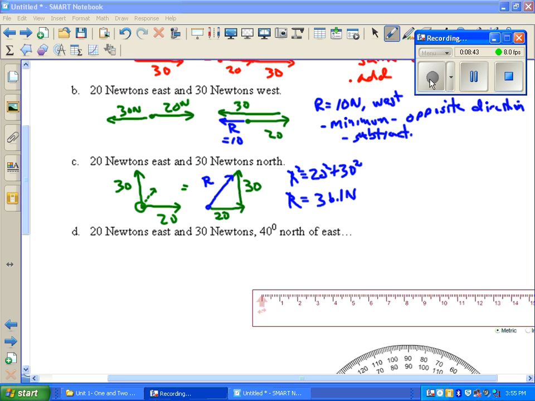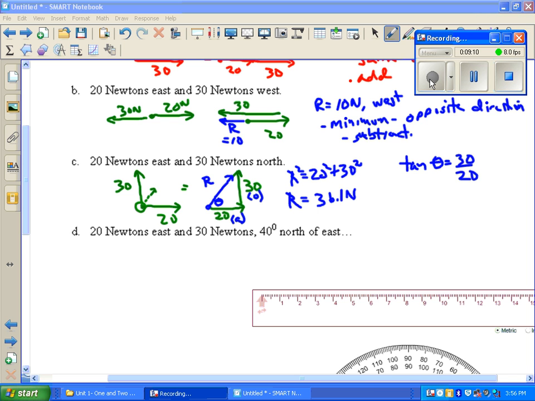So I'm going to have to try and find this angle right here. But if you look at your triangle and you remember your trig, the 30 is the opposite side, and the 20 is the adjacent side. Opposite and adjacent, that's tangent. So tan of theta is opposite over adjacent, so it's going to be 30 over 20.